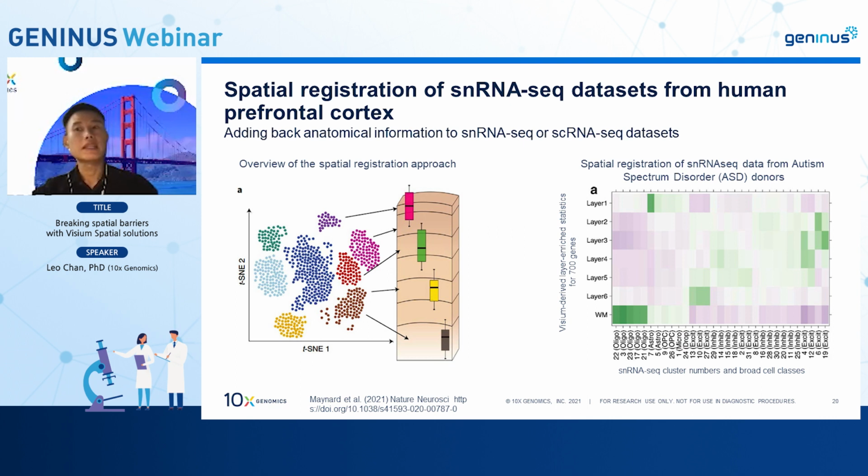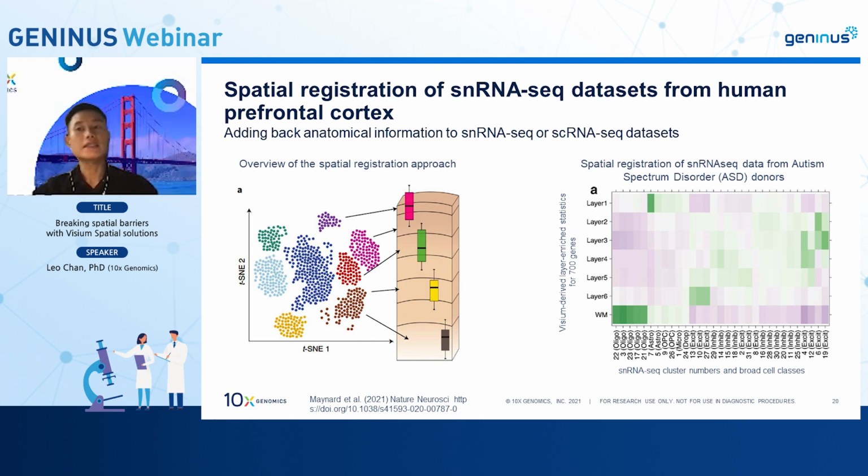Specifically, the layer-enriched expression profiles and differentially expressed statistics derived from the enrichment model in their Visium data can be used to spatially register their single nucleus RNA-seq datasets and add on the layer-enriched information to data-driven expression clusters that do not contain inherent anatomy. And this is schematically shown on the left.